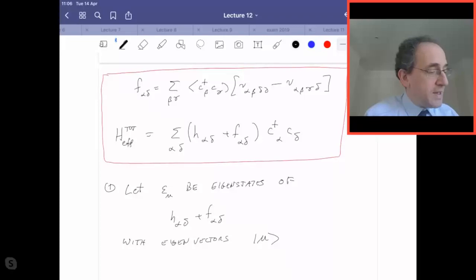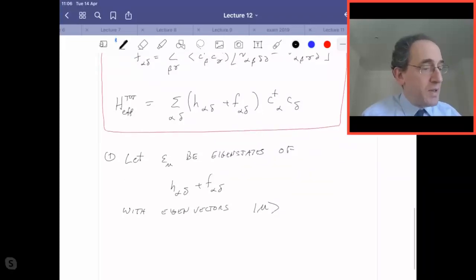So E mu and mu. What we want to do, step 2, is write creation operators for these eigenvectors. So we'll write C twiddle mu. This is a new basis. We know how to change bases. C dagger alpha like this.